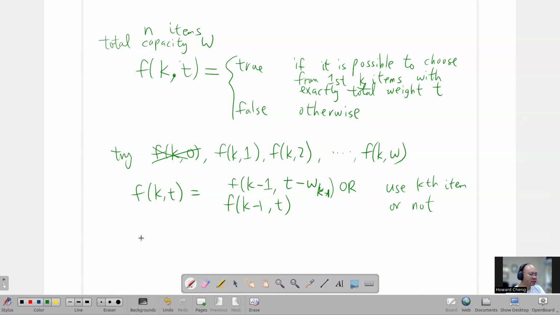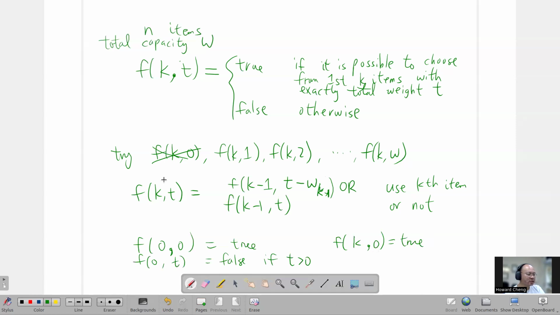And then base cases, if you have no item and you want to form the sum 0, that's true. If you have no item but you want to form any other sum, that's false, if t is greater than 0. And also, I guess if you want to form the sum 0 of any items, it's also true because you can always just not select anything.